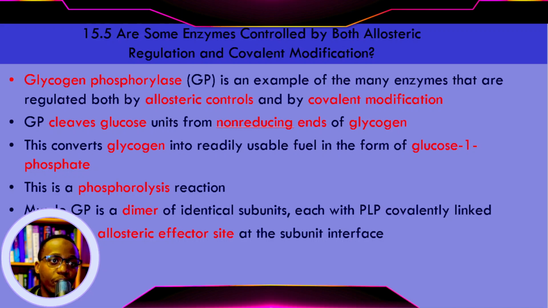And this is a phosphorylation reaction. So when we look at its structure, this is a dimer of identical subunits. So it's a homodimer, right? It's a homodimer and it has an allosteric site.